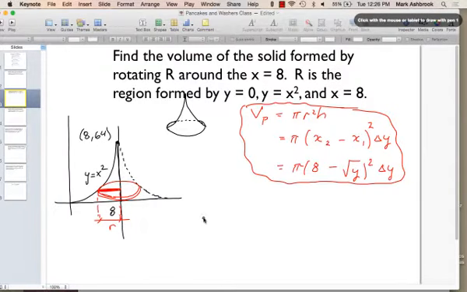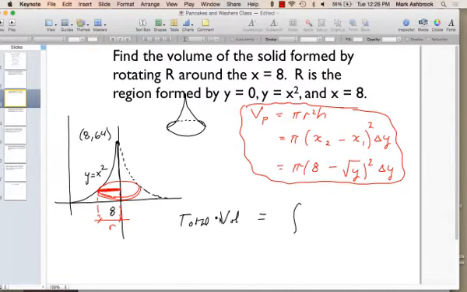Okay, so now we want the total volume. We're going to stack up all these pancakes starting at y equals 0 until y equals 64, where the last one is. Easy.